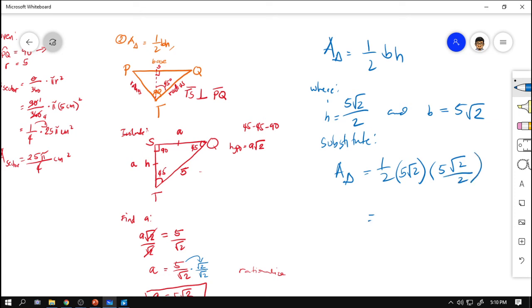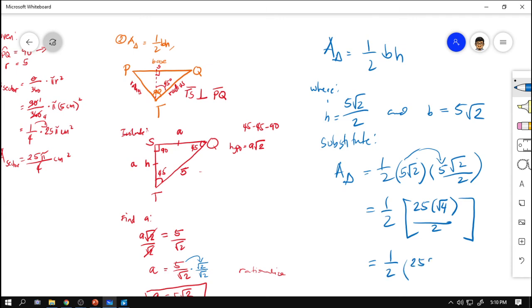Okay. 5 times 5 is 25. Ayusin natin saglit. So, 1/2. 5 times 5 is 25. And square root of 2 times square root of 2 is square root of 4 over 2. Now, we have 1/2 times 25.